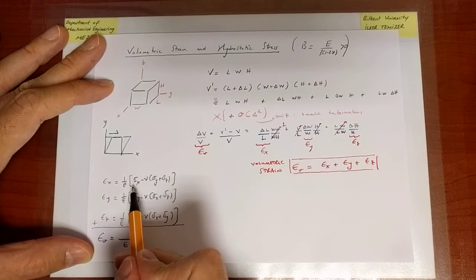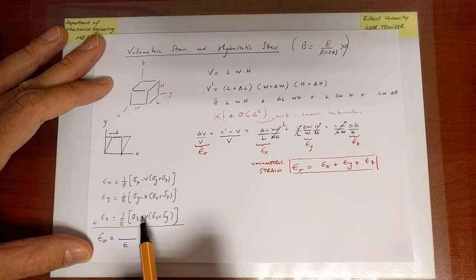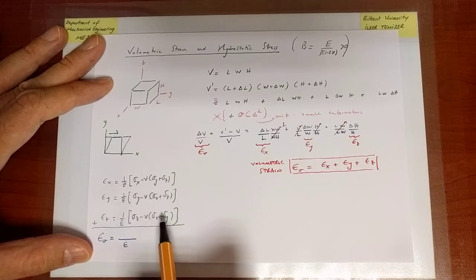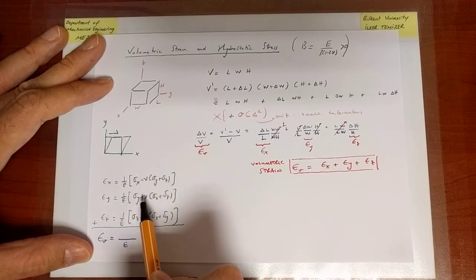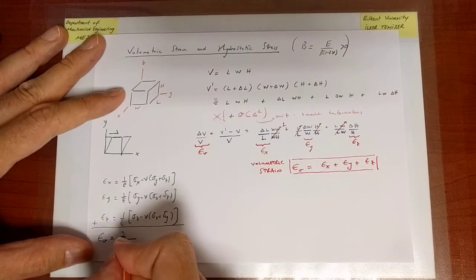And so let's have a look. We're going to have a term like sigma x minus nu sigma x minus nu sigma x, so 1 minus 2 nu sigma x. For sigma y, minus nu, 1 minus nu sigma y, 2 nu sigma y. And then for sigma z, we have a sigma z here, minus nu, again 1 minus 2 nu sigma z.